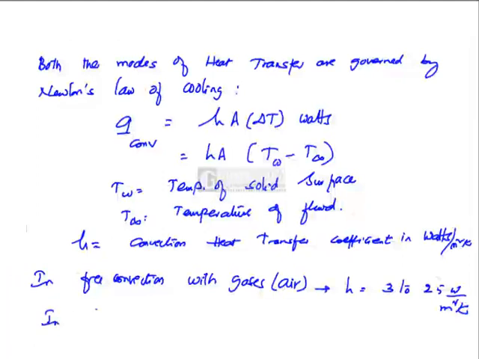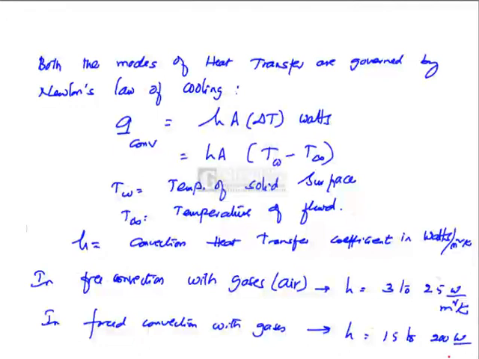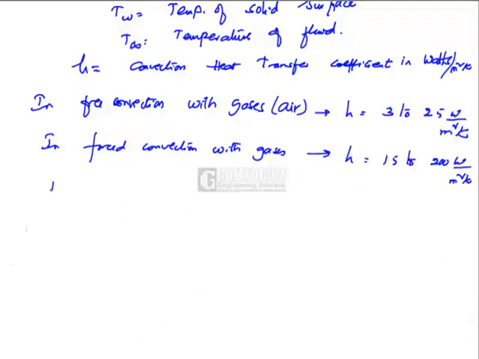In forced convection with gases like air, h values may vary between 15 to 200 watts per meter square Kelvin.